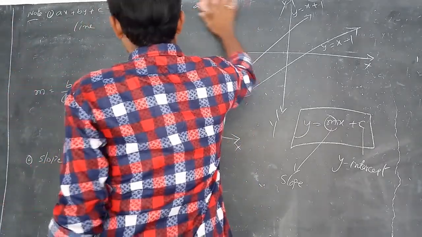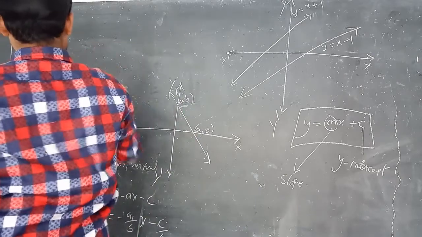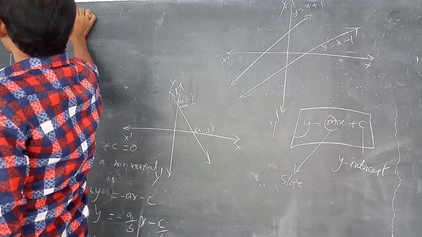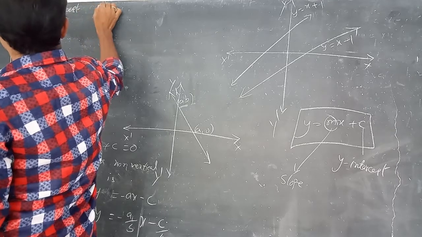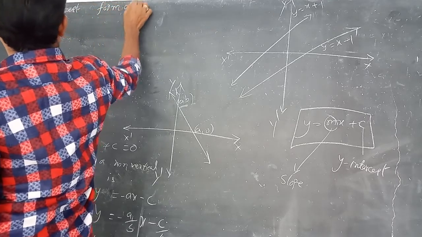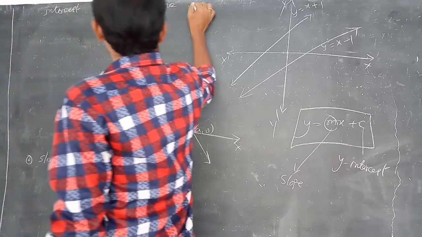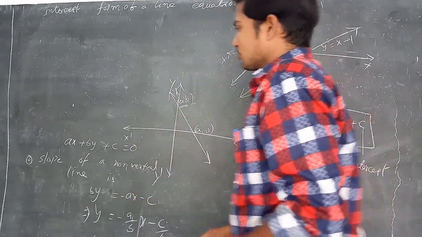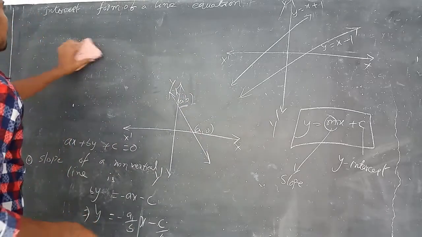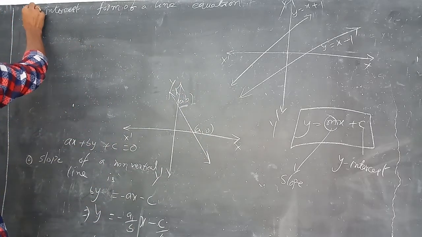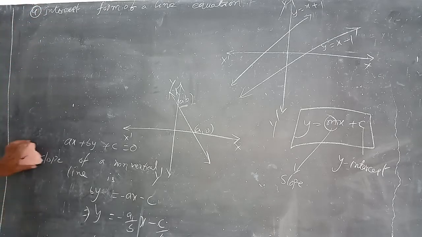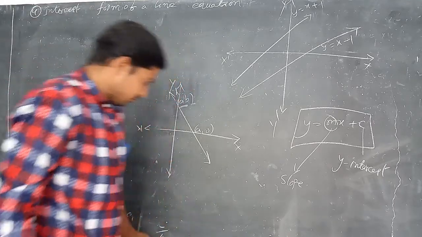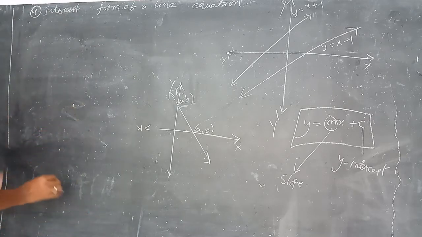Intercept form of a line equation, let us see. This is the slope intercept form, the third one.